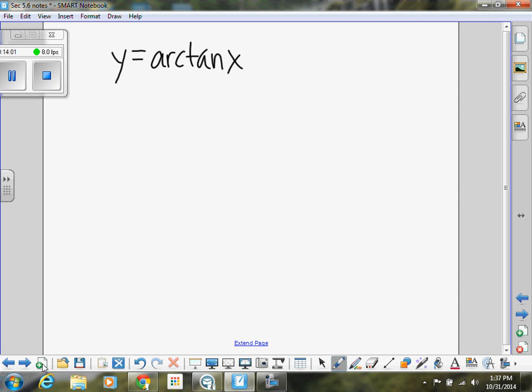How would that look? Tan y equals x. Good. So I'm going to take the derivative of both sides. That gives me 1 over here. What's the derivative of tangent? Secant squared.